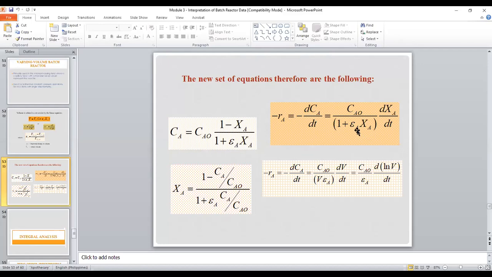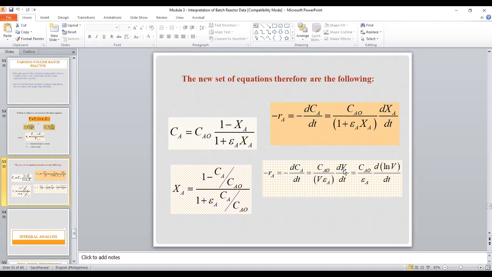Now from what you have here on top, you can have another expression for dCA dt, this time in terms of changes in the volume. Since we're talking about a varying volume reaction, we expect that the volume will be changing. So this negative dCA dt will now be CAO dV over V times epsilon A dt.